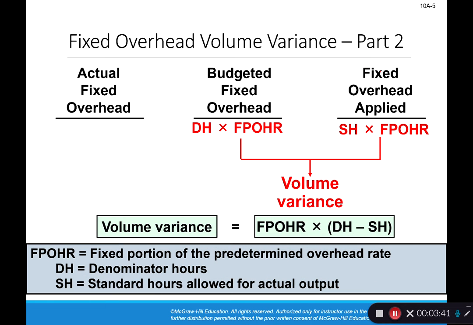So here it is with the formulas typed up. The difference between your budgeted fixed overhead and your fixed overhead applied, the difference between those two columns, are the hours.